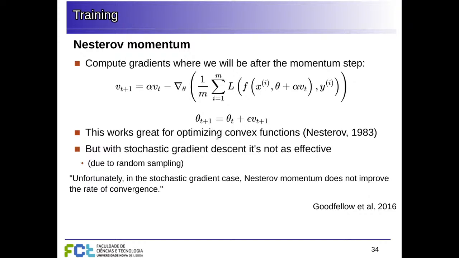Unfortunately, when we use stochastic gradient descent, these gradient estimates are very approximate and they change a lot. They are subject to a lot of noise because of the random sampling of those batches of examples that we are using. So in practice, Nesterov momentum doesn't work as well when training neural networks.